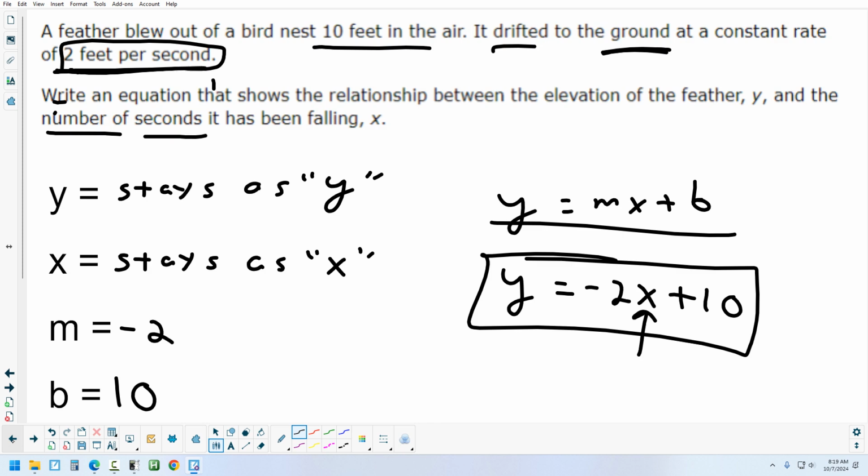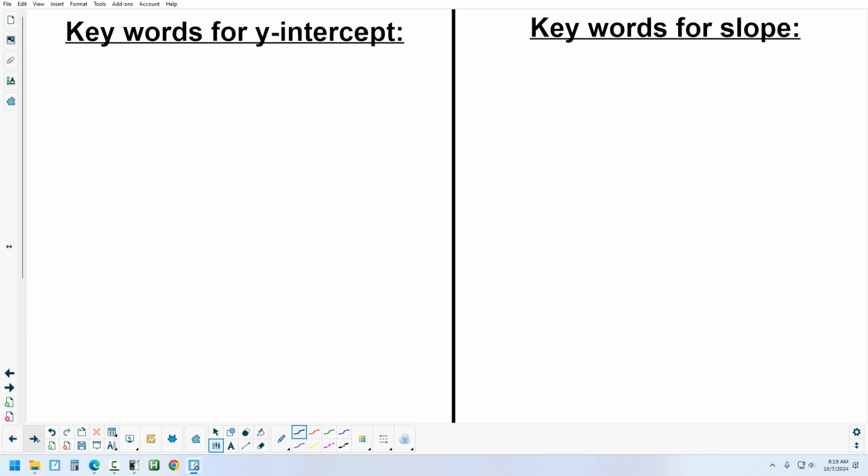Okay, let's look back at the last problem. A feather blew out of 10 feet in the air. So keywords for y-intercept: something that's like a start value or an initial value. Another thing you might see is like a one-time fee. Something that you pay one time, like maybe to join a club.